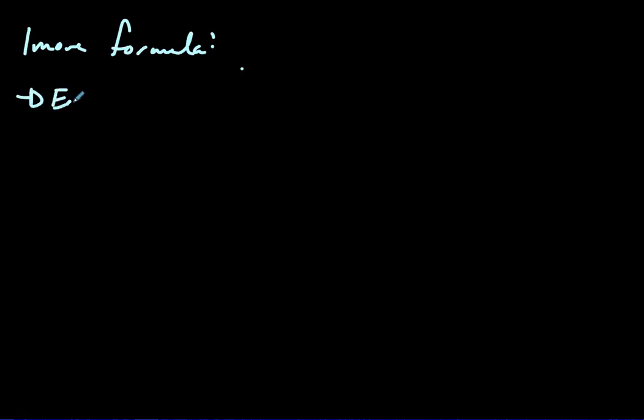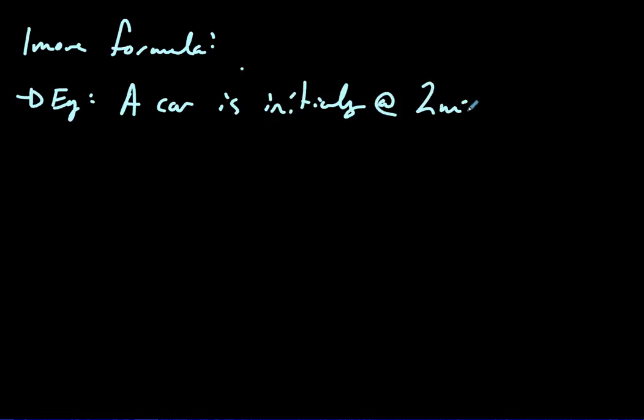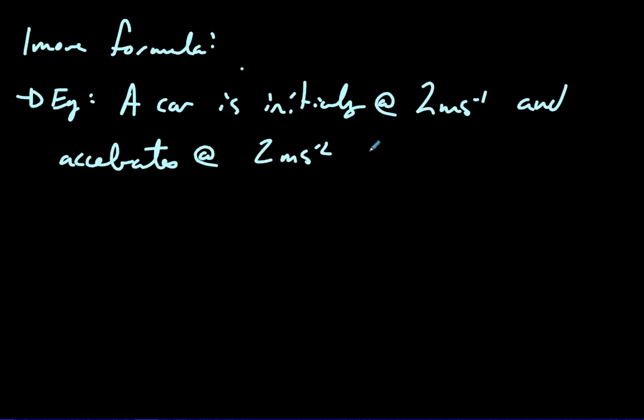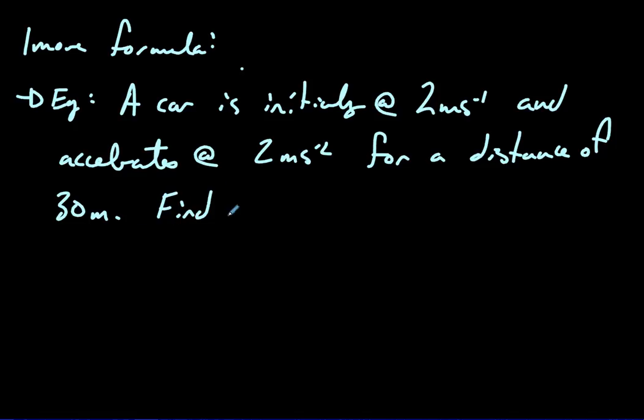Our example problem is going to be this: a car is initially at 2 meters per second and accelerates at 2 meters per second squared for a distance of 30 meters. Find its final velocity.